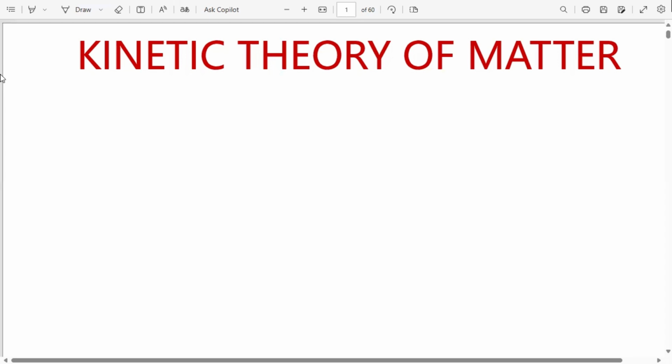Without wasting much time, let's talk about the kinetic theory of matter today. What is this known as, the kinetic theory of matter?